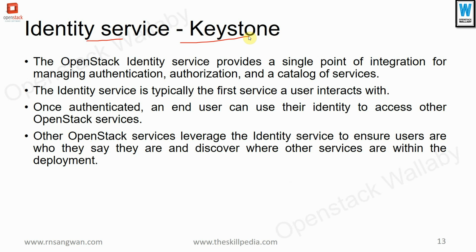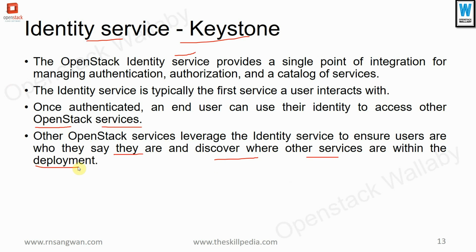Once authenticated, the end user can use their identity to access the other OpenStack services. Other OpenStack services leverage the identity service to ensure users are who they say they are, and discover where other services are within the deployment.